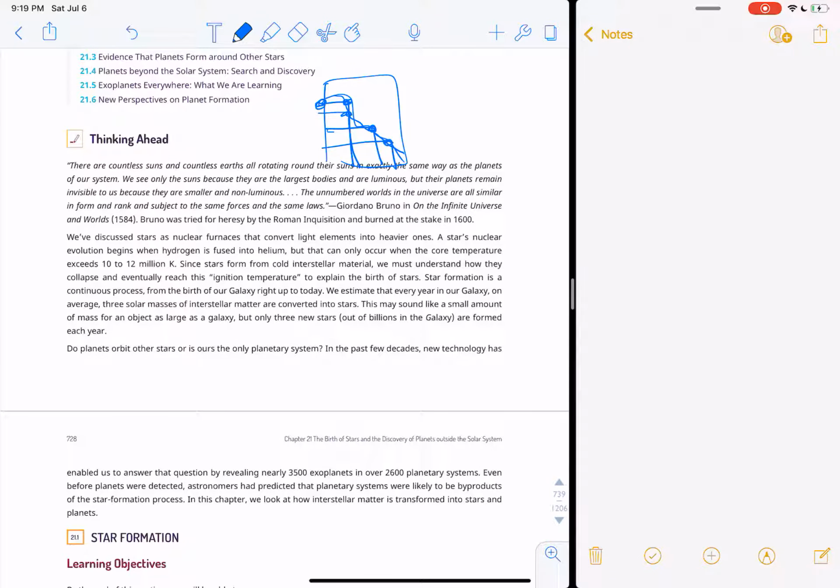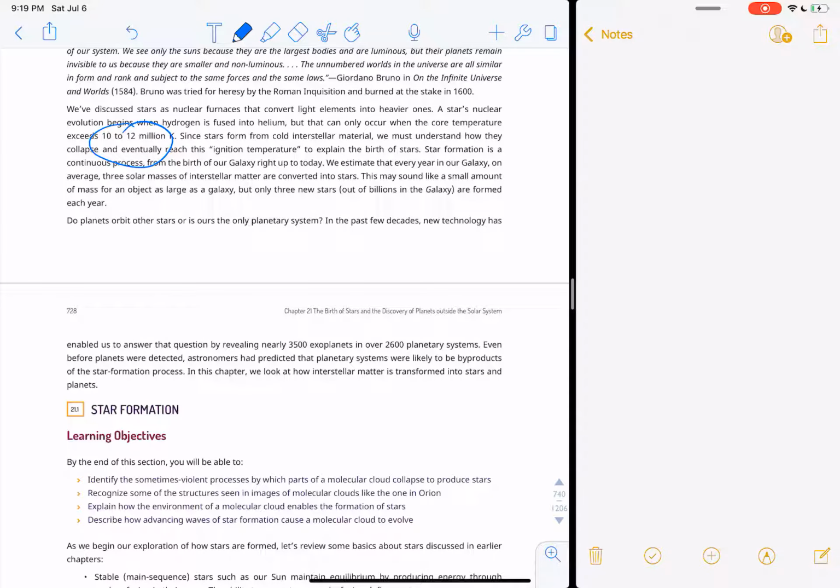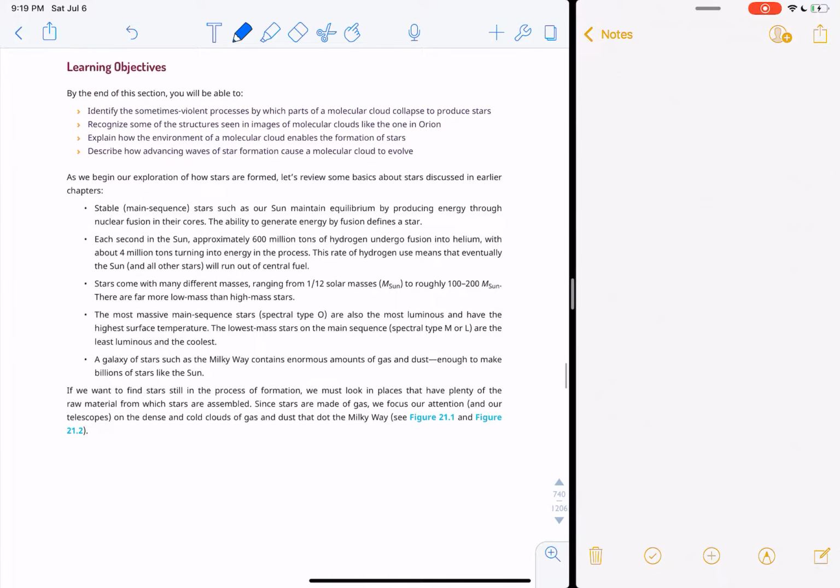And only stars that have temperatures of 10 to 12 million Kelvin in the core will lead to ignition, and that's when you get a star. Okay, so how does that happen? How do you get that?